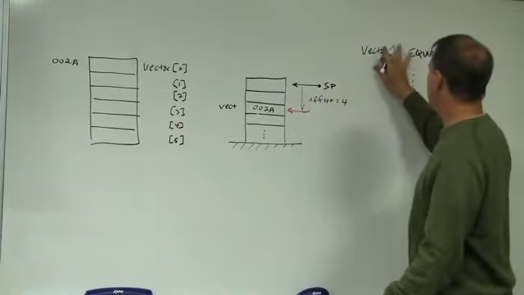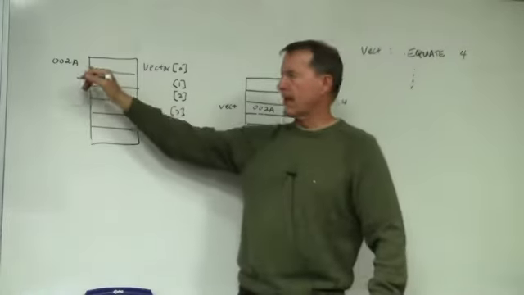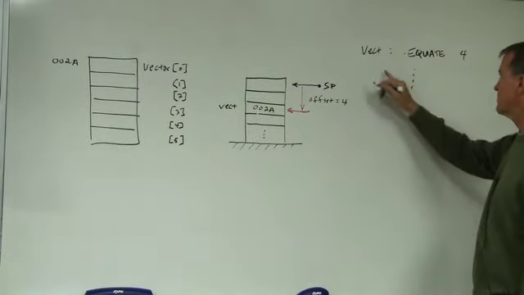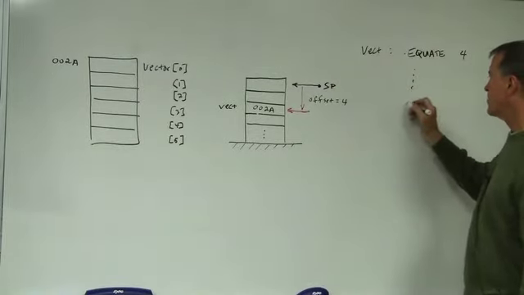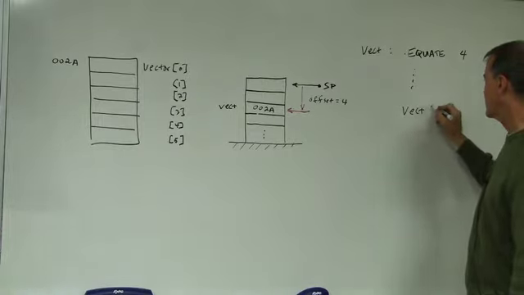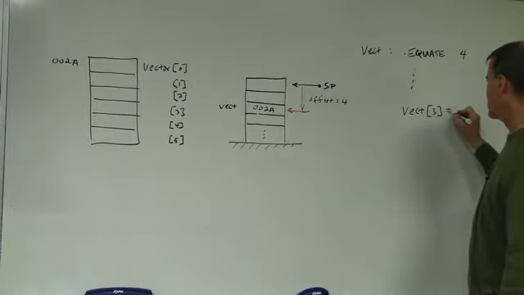Vect would be the formal parameter and vector would be the actual parameter. Okay, so is everybody clear on that? So this would be vect equate 4. And suppose down here somewhere we say vect sub 3 gets 5.